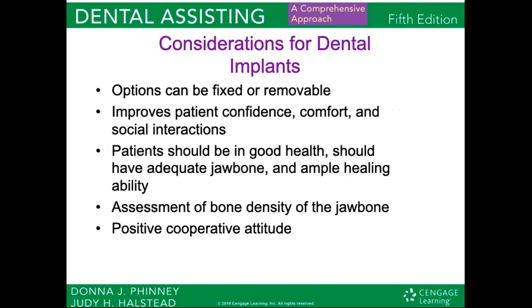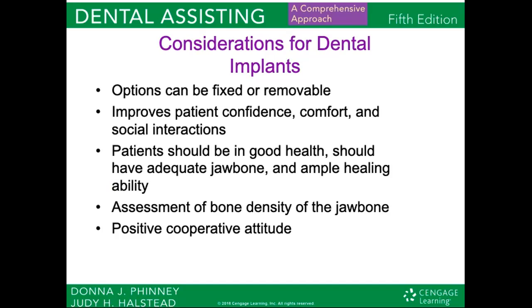Some considerations for dental implants are that there are options that can be fixed or removable. They tend to improve the patient's confidence, comfort, and social interactions just because they're a fixed prosthesis that doesn't come out at all, and it's always going to be with them.